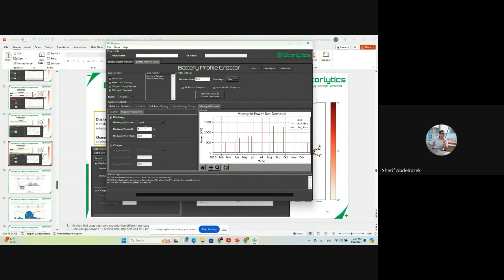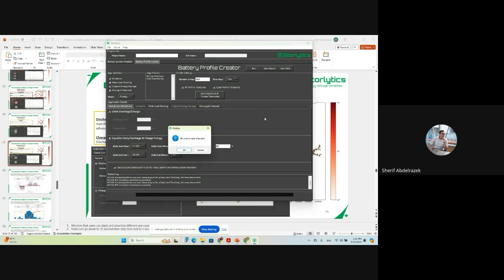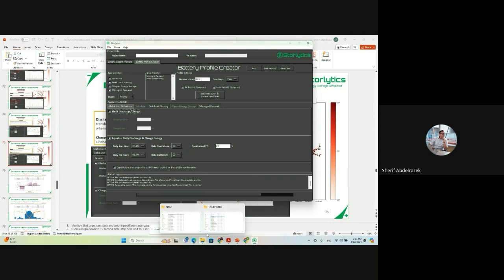So I said discharge based on load, and the discharge threshold I set to 0, which means whenever there is load in the Detroit feeder outages file, address 100% of that. All right, click generate report, and we can look at the results here.